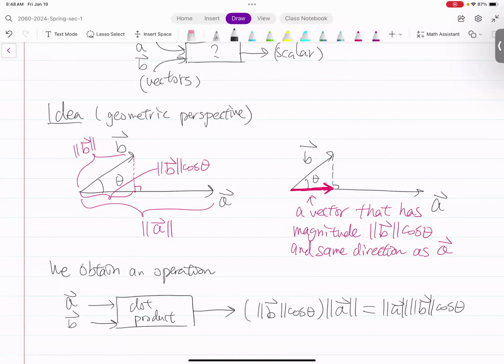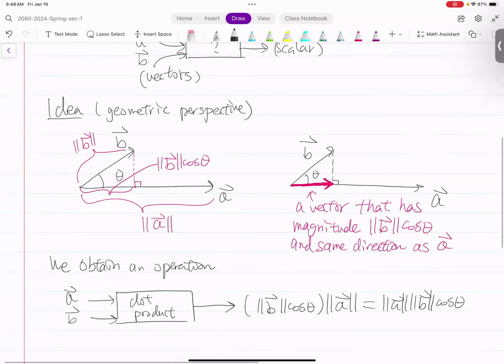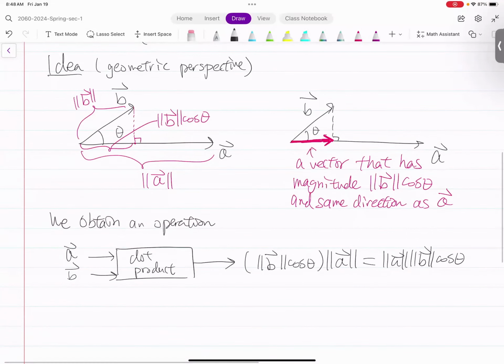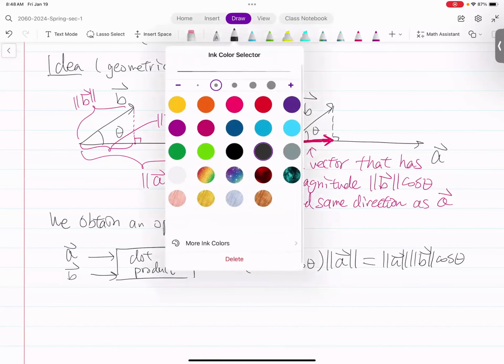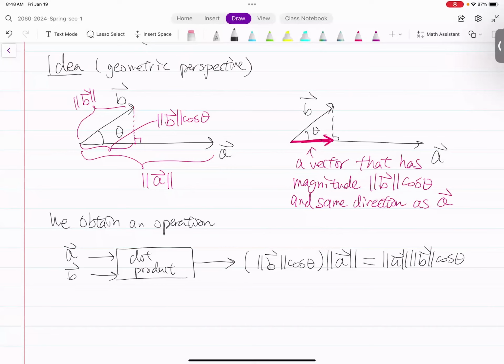So the geometric perspective is always a little bit less intuitive. The arithmetic perspective that we have introduced at the beginning of the session is a little bit different. It's a little bit more straightforward. But let's put that down also.